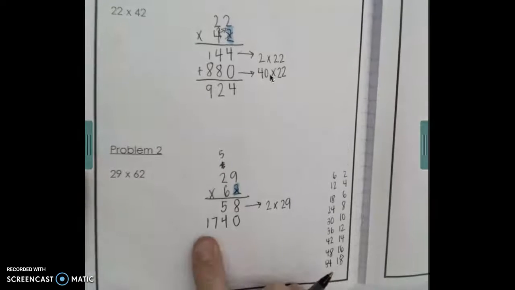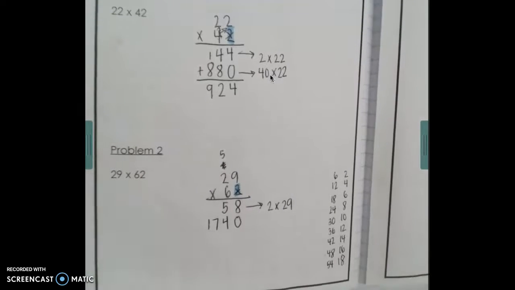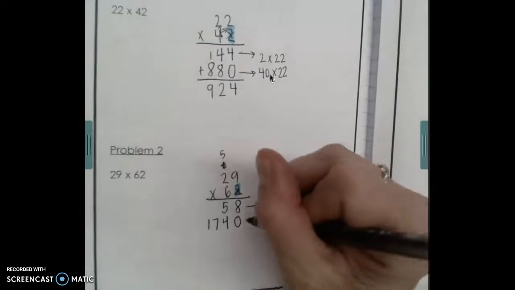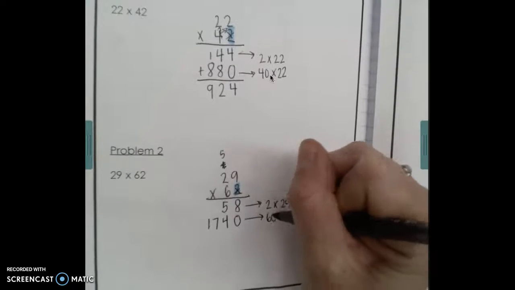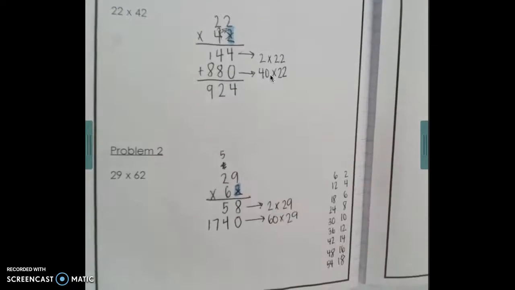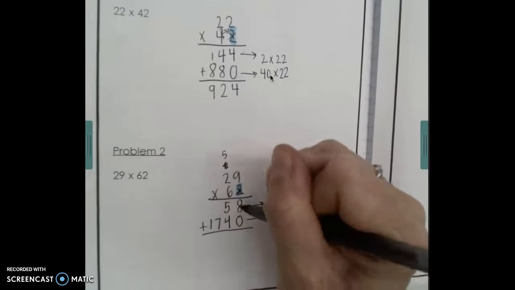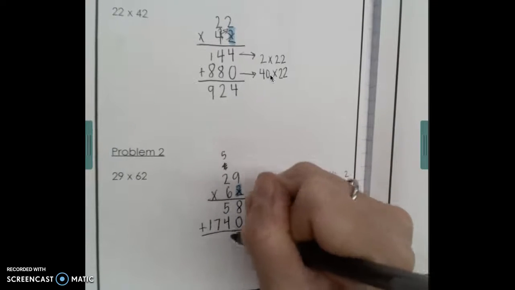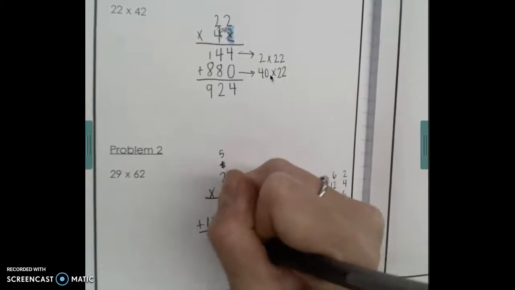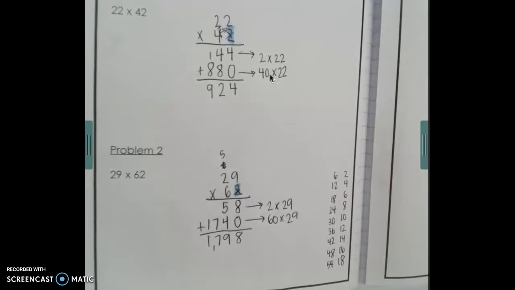And it just follows right here next to it. So this was when we did 60 times 29. And what do we get as our answer? Add them up. 8 plus 0 is 8. 5 plus 4 is 9. 7, 1. There's nothing to add, so I just write it down below.